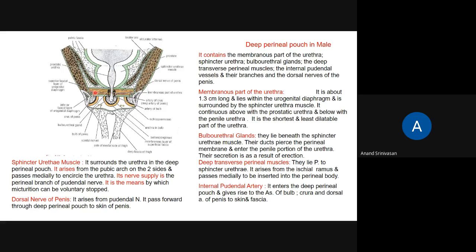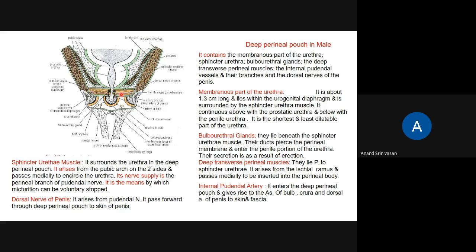The dorsal nerve of the penis. It also contains the membranous part of the urethra, the bulbourethral glands on either side, and the deep transverse perineal muscle.